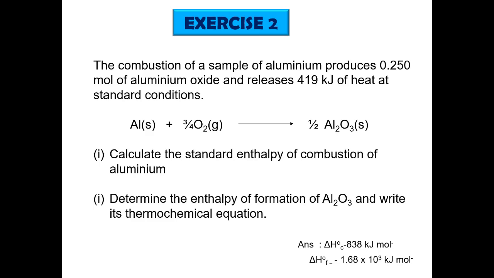Al solid plus 3/4 O2 gas produces half Al2O3 solid. Calculate the standard enthalpy of combustion of aluminium, determine the enthalpy of formation of Al2O3 and write its thermochemical equation. So please answer all the exercises.